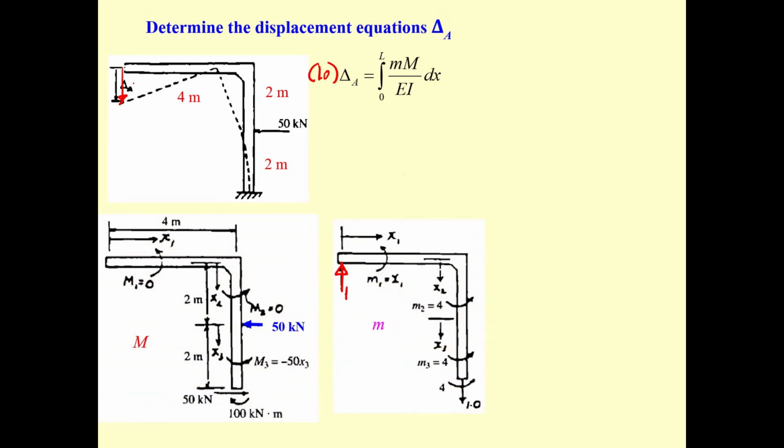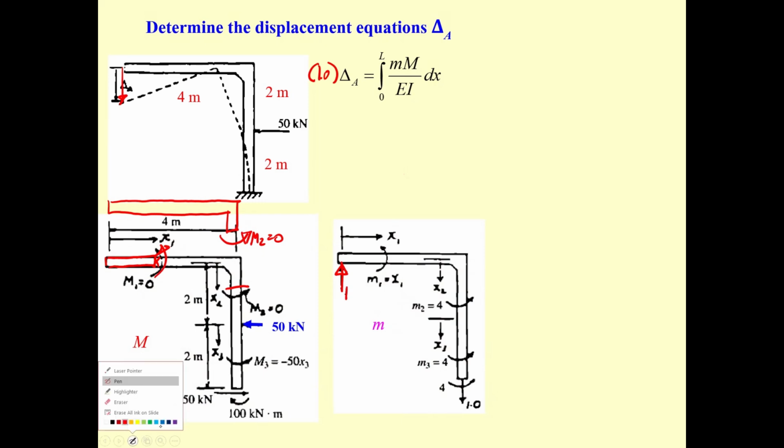So for the capital F, if you cut this as your x1, your capital N1 is going to be 0. Then if you cut it over here, the capital N2 is going to be 0.